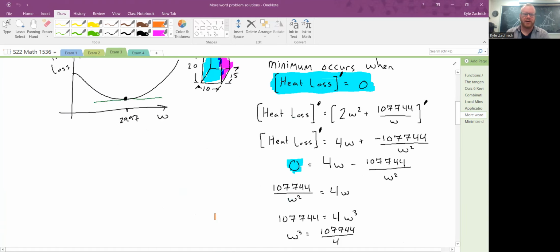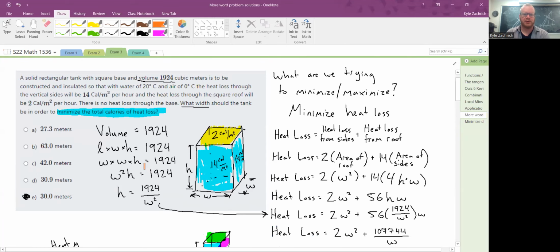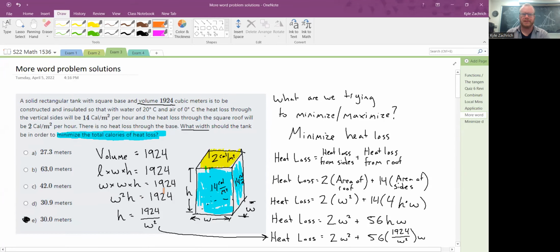I wrote an equation for the heat loss here. I had to name some variables, just like I had to do here. I had to say these are all X's, these are Y's, this is another X down here. So I just gave names to these variables that I was looking for. Once I had an equation for the thing I'm trying to minimize, I took the other information in the problem, that's the fact that this volume is 1924.